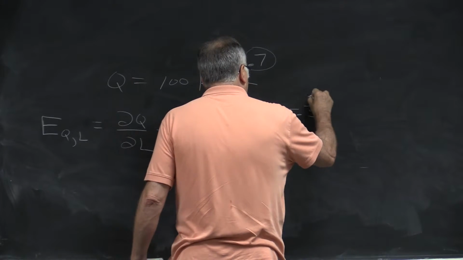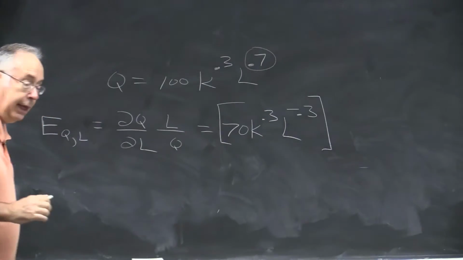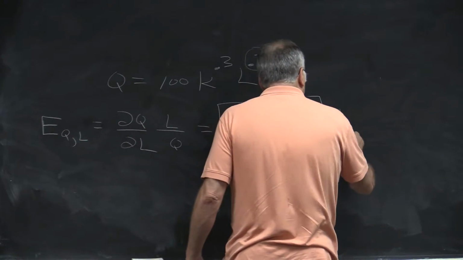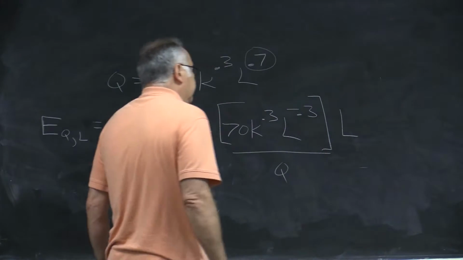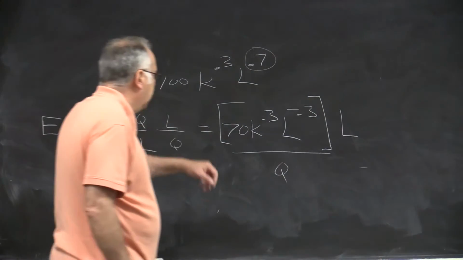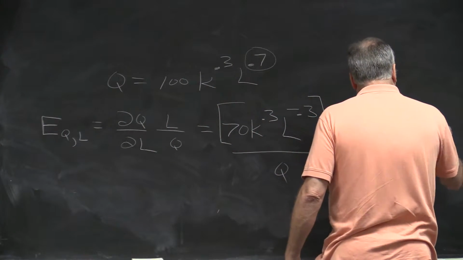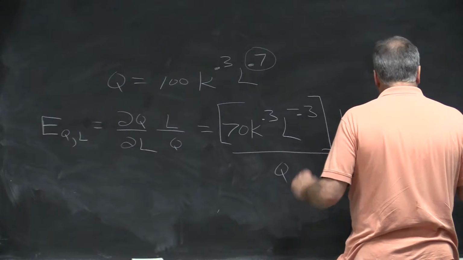Now that is partial Q, partial L. You've got to multiply that by L over Q. Let me put the L here, and let me put the Q down here. Now look at that numerator. The numerator simplifies to 70 K to the 0.3 L to the 0.7.